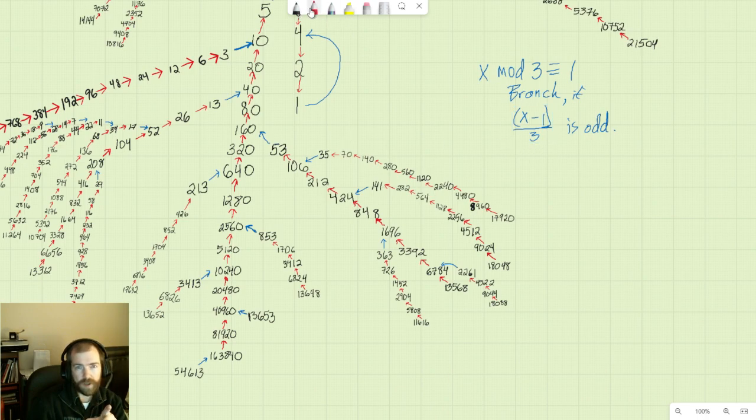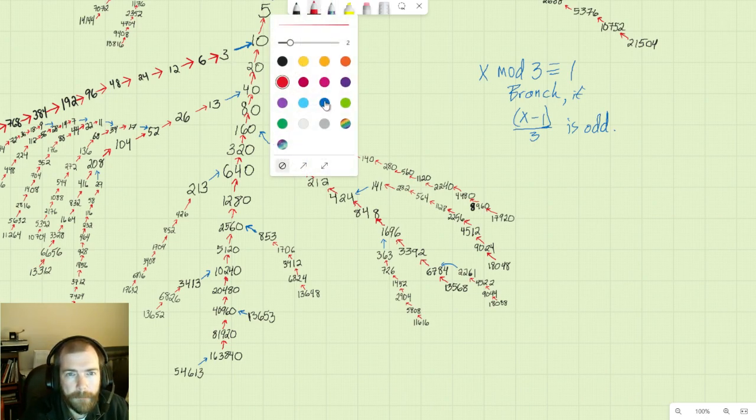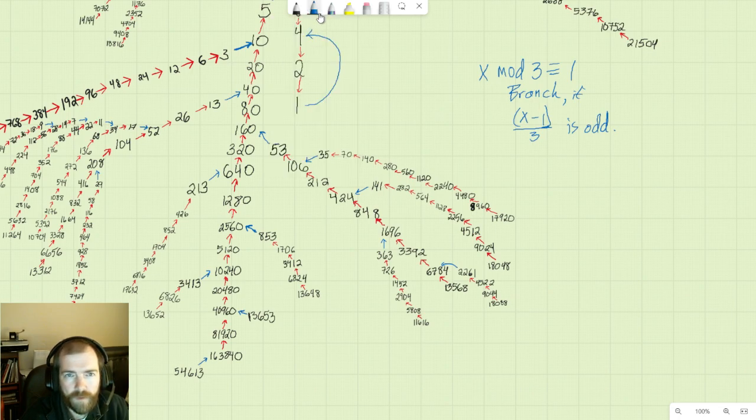So this would have been a, nope, blue. Here. Get us a 23. Would triple and add 1 to get us 70.